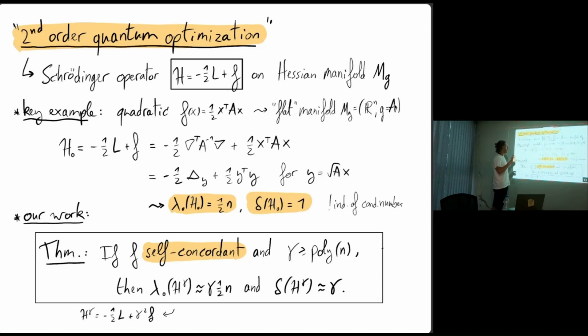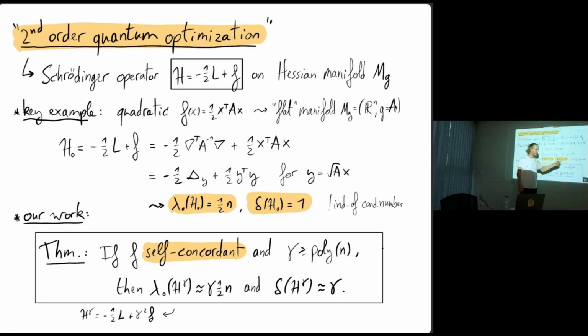Your quadratic approximation, or harmonic approximation, of H will be an approximation in both ways: you take the quadratic approximation of F, but you're also going to take the normal Laplacian instead of the Laplace-Beltrami operator. So you need some sort of stability of that Laplace-Beltrami operator. That's again where self-concordance really seems to be the key technique to make all these asymptotic statements non-asymptotic. So we show essentially the same statement, except that there are no condition numbers now.